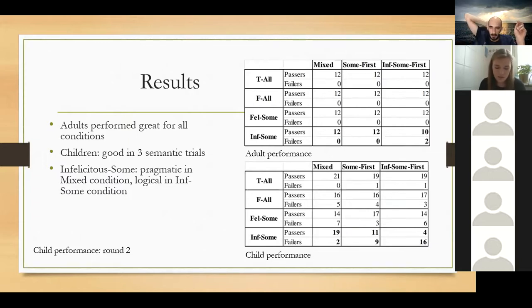Sorry, can I just ask you one thing? Just to remind me. The difference between the mixed and the sum first condition is that in the sum first, the sum trials always came before the all trials. And in the infelicitous sum first, the infelicitous sum trials came first.